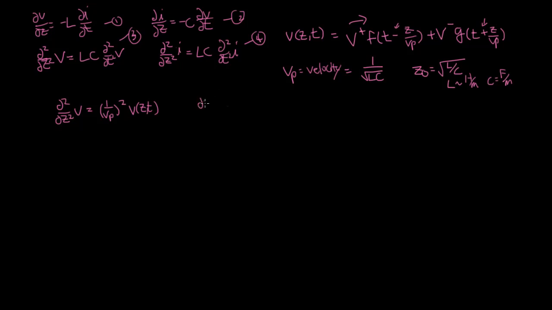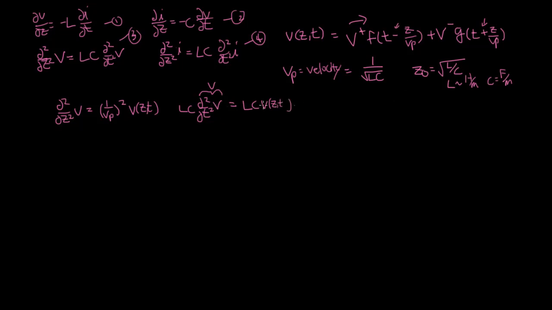So d²/dt² of v times LC: if you take the time derivative twice, you get the same thing, because the coefficient here is equal to 1. So you get LC times v of z,t.